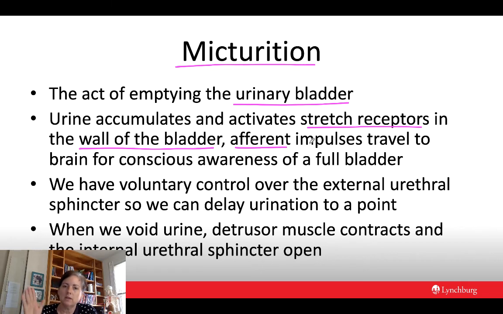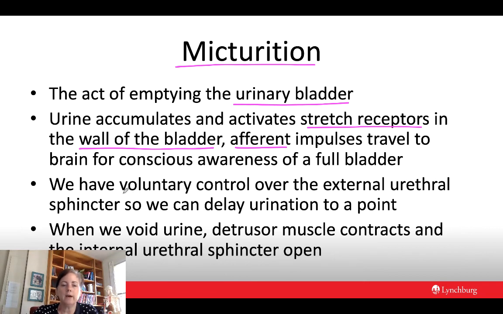It's initially relayed to the thalamus, which we know is the relay station for sensory information from our body. And thalamus is going to relay it to our sensory cortex so that we have a conscious awareness of a full bladder, as well as to visceral sensory areas of the brain.